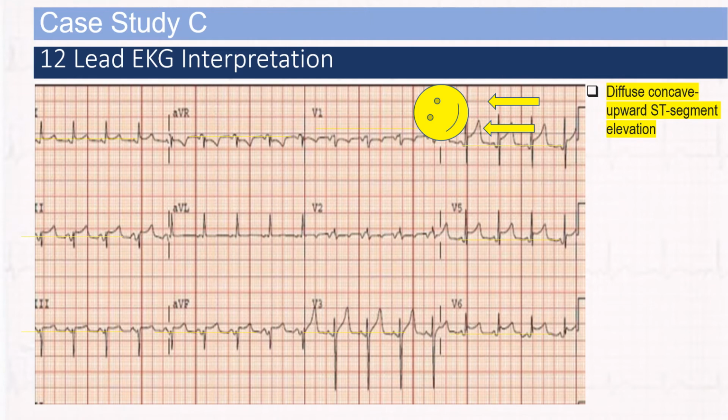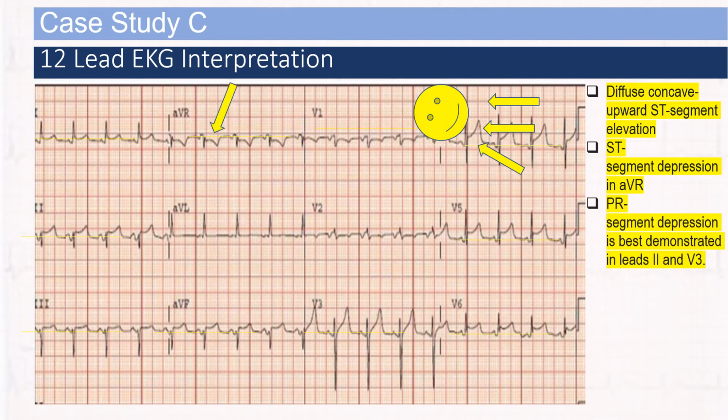Continuing on. The diffuse concave upward ST elevation, yes, that is true. ST segment depression in AVR, that is also true. There's PR segment depression, as best demonstrated in leads 2 and V3. Well, we definitely have it in 2.